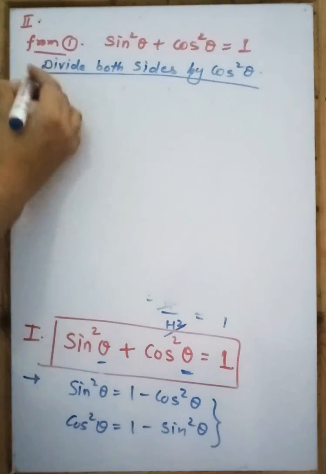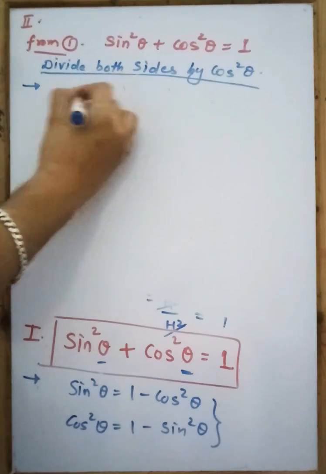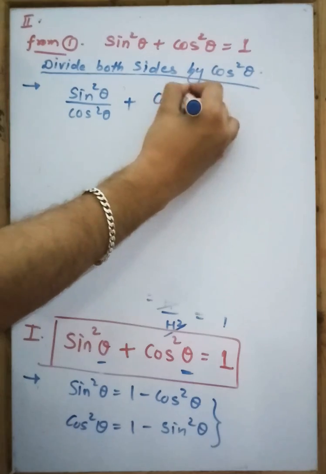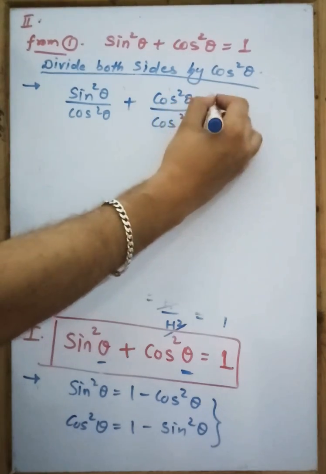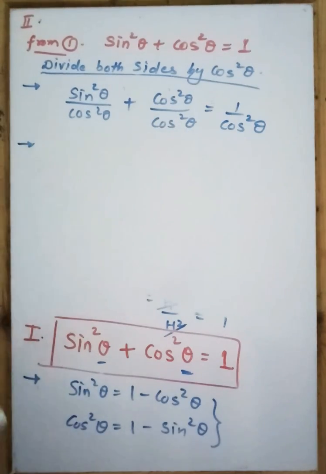So if I divide both sides by cos square, what do we get? I will get sine square theta by cos square theta plus cos square theta by cos square theta equals 1 over cos square theta.